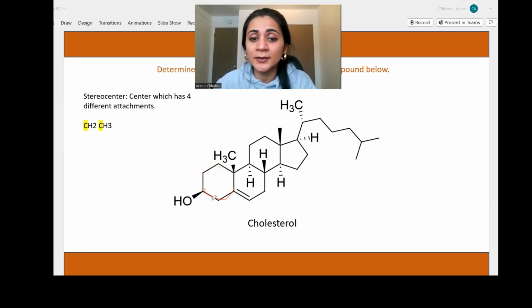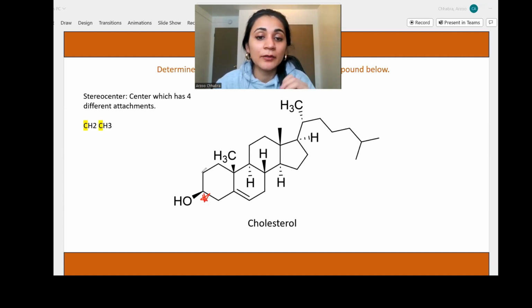They're not the same. And then 2 different attachments, a third different attachment, which is the OH, and the 4th different attachment, which is the H, right? And that's why this carbon center has 4 different attachments, and that carbon is a stereocenter, right?